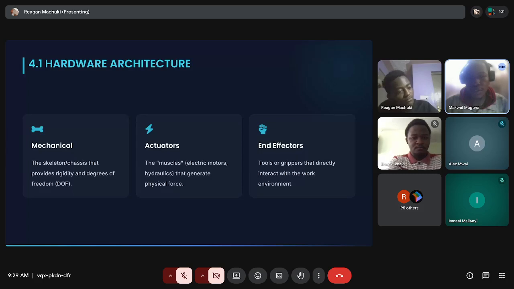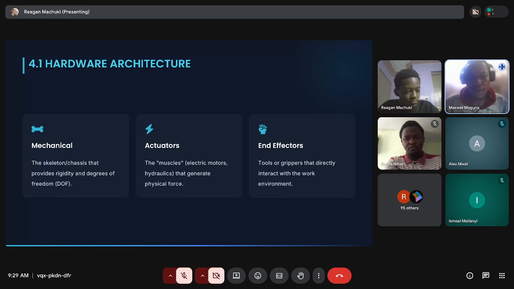Next, we have the actuators, which function as the robot's muscles. These components produce motion by converting energy, usually electrical, into mechanical force. Common examples of actuators are DC motors or hydraulic cylinders.